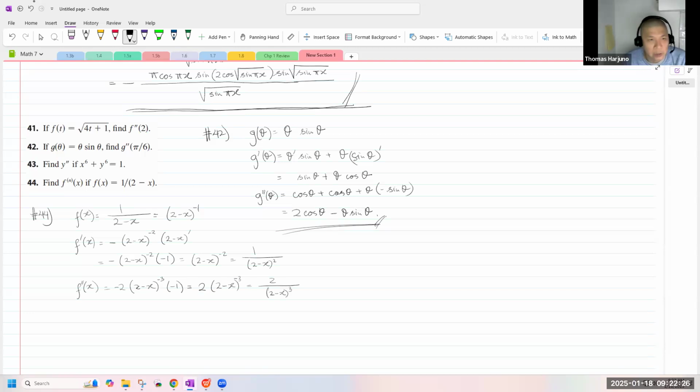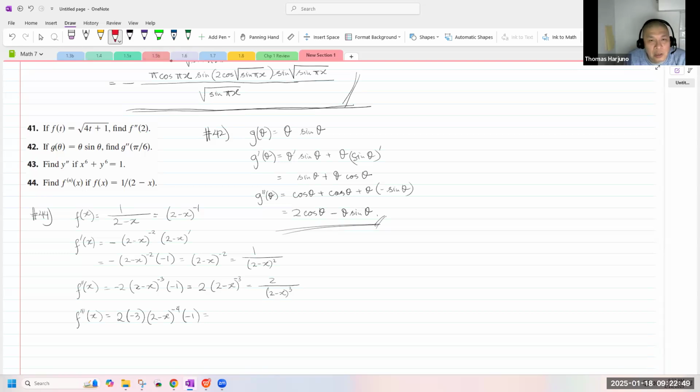Let's do one more time. I hope we can see some pattern. The third derivative will be 2 times negative 3 times 2 minus x to the power of negative 4 times the derivative of 2 minus x, which is negative 1. Now I start seeing something else.